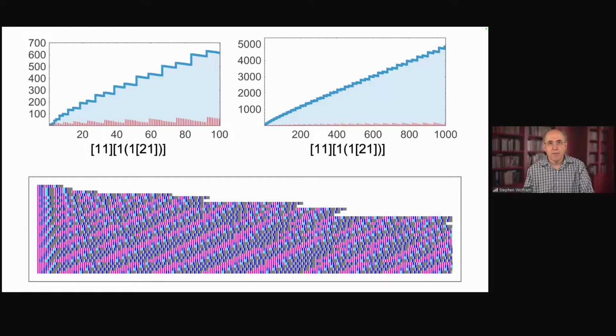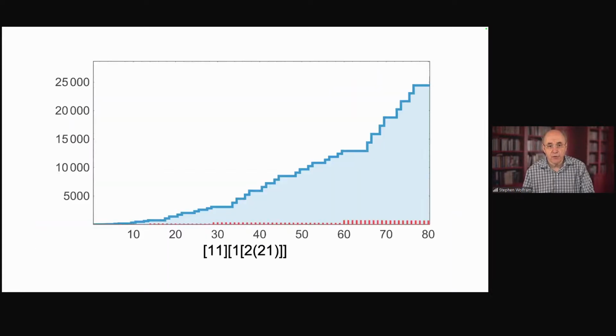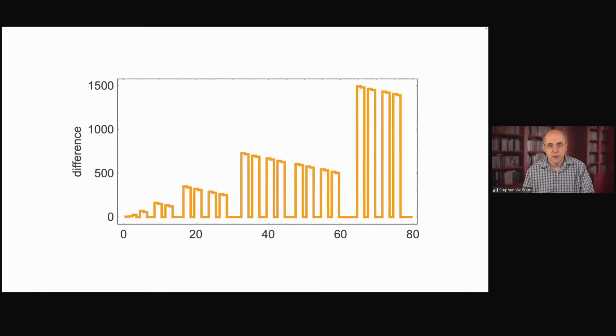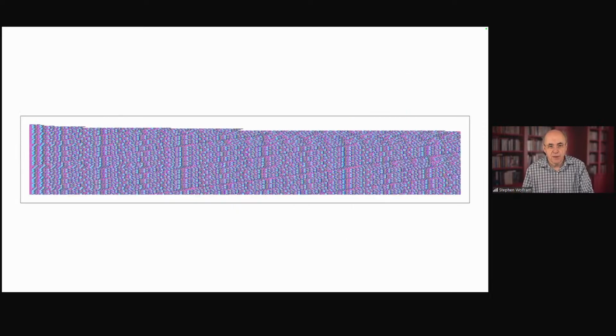And then there's what might seem to be irregular growth. But taking differences between these growth sizes reveals a nested pattern, even though there's no obvious nested structure in the detailed pattern of lambdas in this particular case. That's the space-time pattern of lambdas that we get in this case. Okay, so that's about it for size 9.